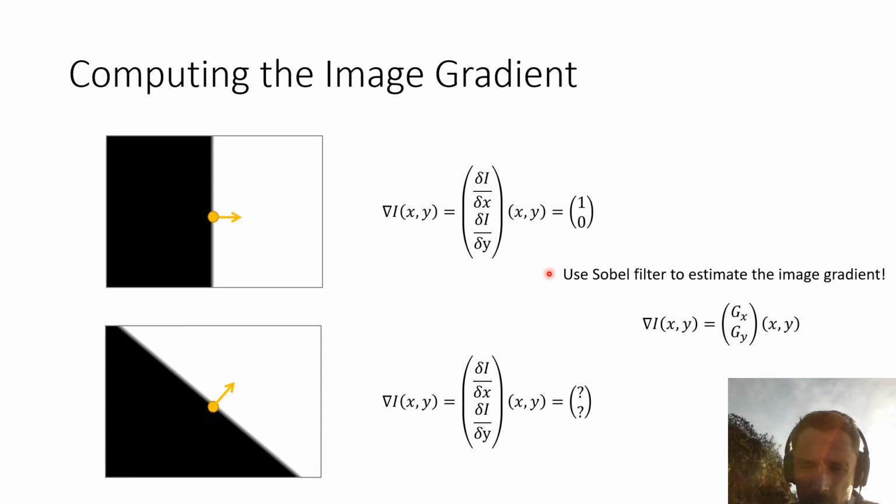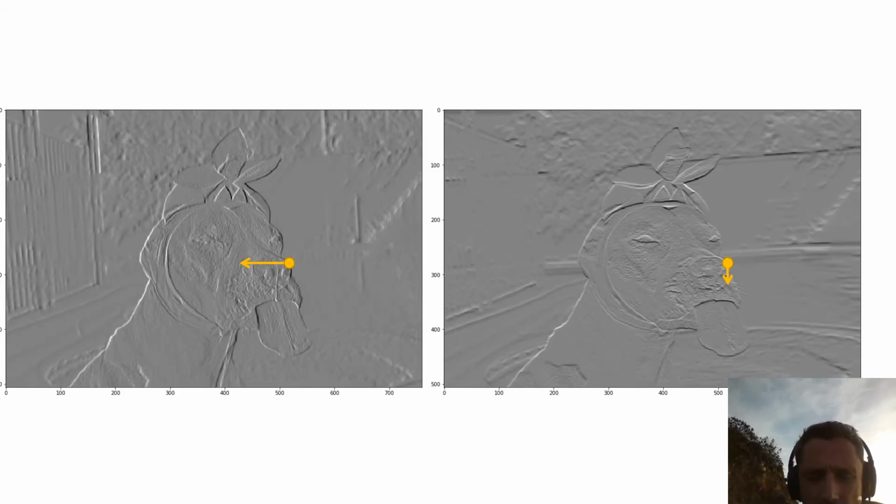Just for now, to summarize what we just learned here, we can use the gx and gy, so the results of the Sobel filter convolutions at their respective positions as an approximation of the image gradient at this position. Now look at this example again, at the dog with its tongue out.